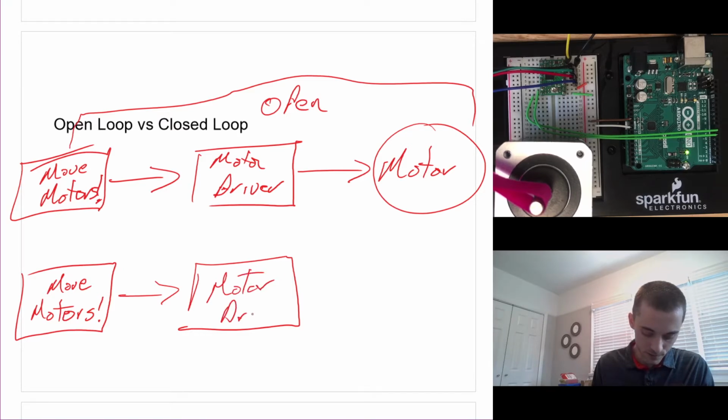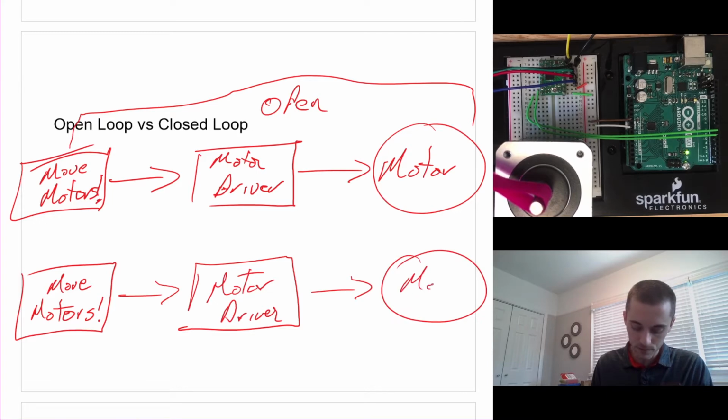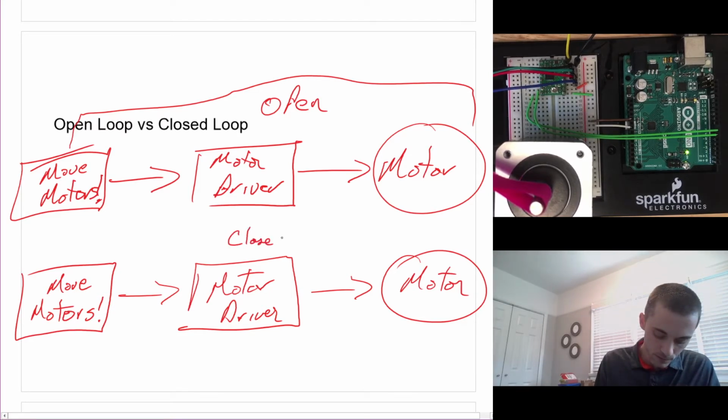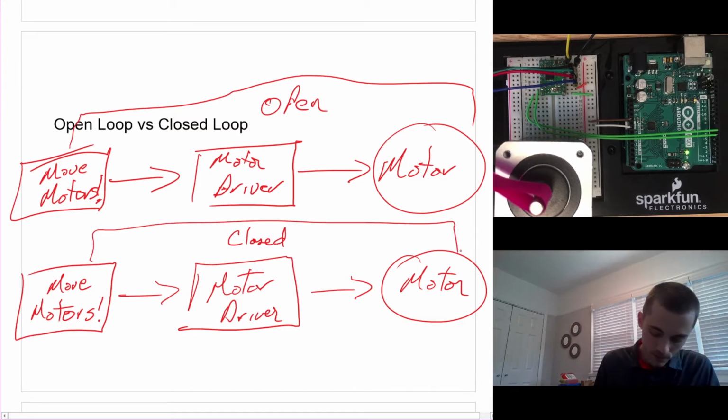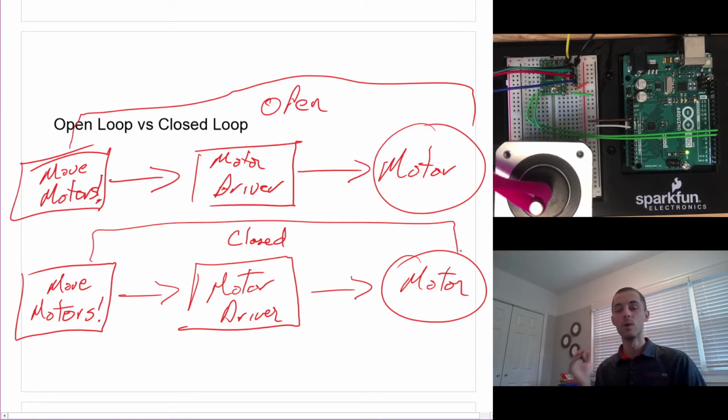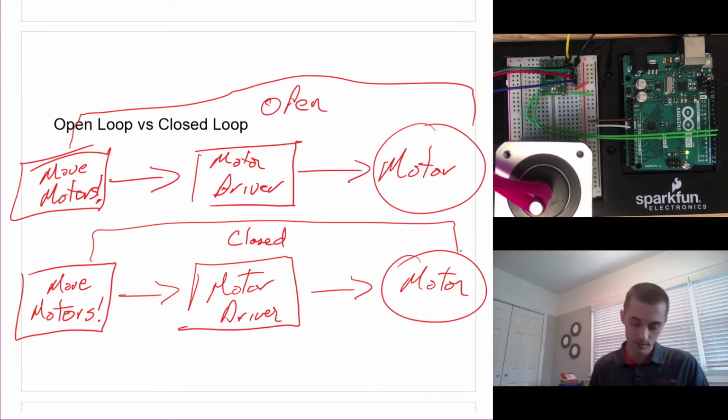what to do, and it's controlling the motor, right? And what's different about the open loop versus closed is that now we are actually going to watch what the motor does.